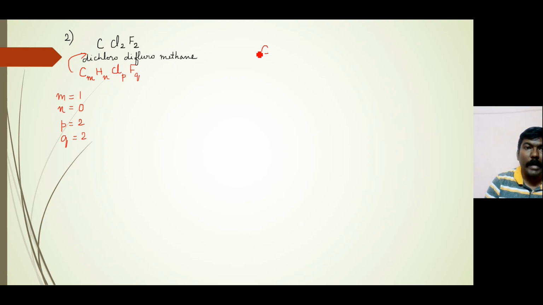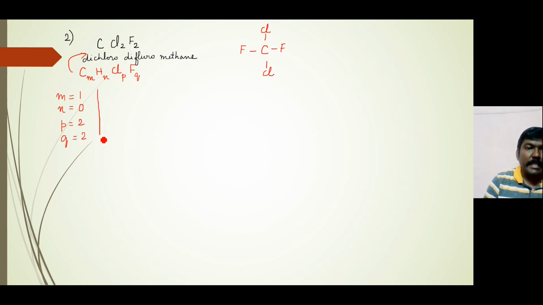We have only one carbon atom which has 4 valence electrons, which means it can accommodate 4 atoms. It has 2 chlorine atoms and 2 fluorine atoms. So the carbon is attached to all the other 4 atoms with single bonds, so it is a saturated organic compound. So we have confirmed that it is a saturated organic compound.